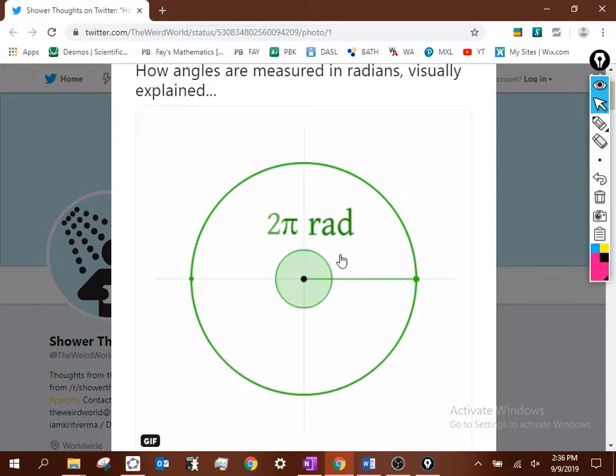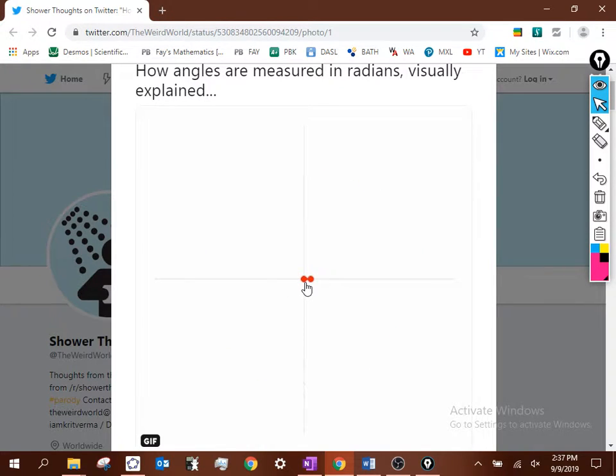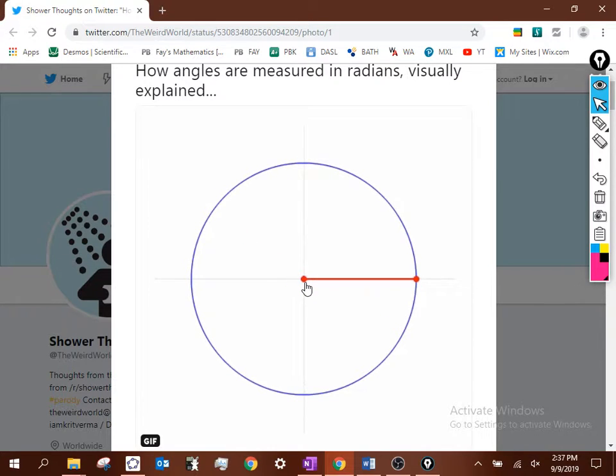So that relationship makes it a little bit nicer for us to work with radians, with circles and angles, than it does degrees. If we replay this again, we end up getting to a point where we had 3.14 radians, so pi radians.